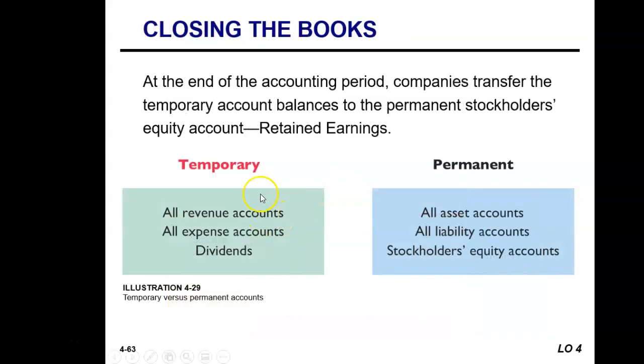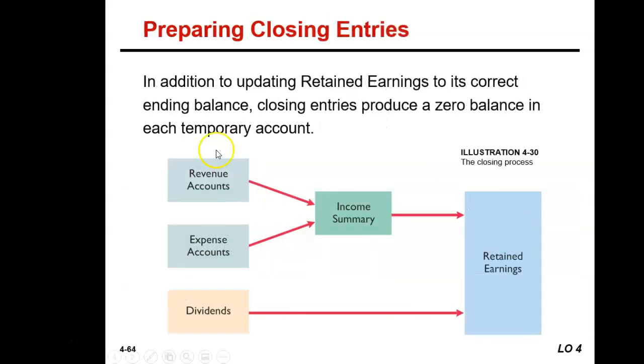You'll close out your revenue accounts, go back to income summary, close out your expense accounts to income summary, then close out the income summary account to retained earnings, and close dividends to retained earnings. At the end of this process, your revenue accounts, your expense accounts, the income summary account, and dividends will all have a 0 balance.